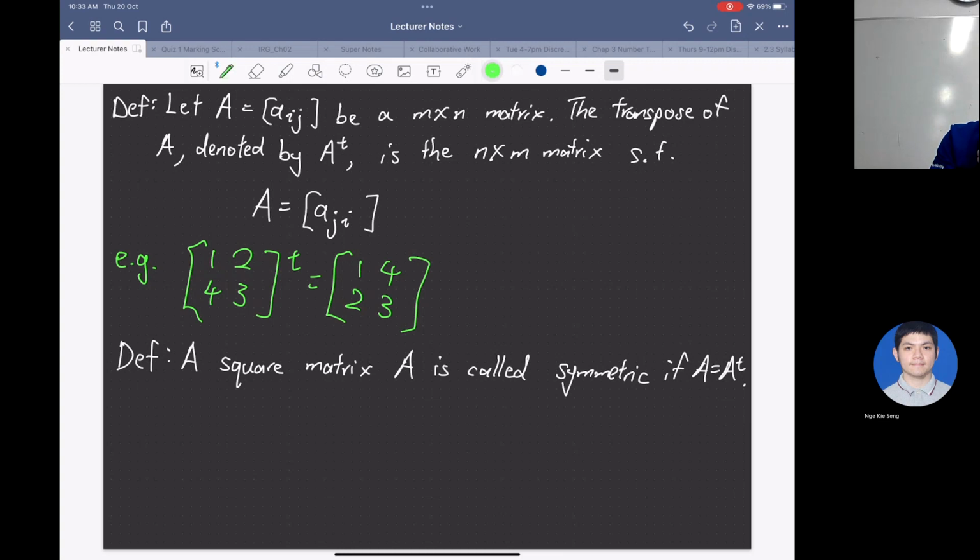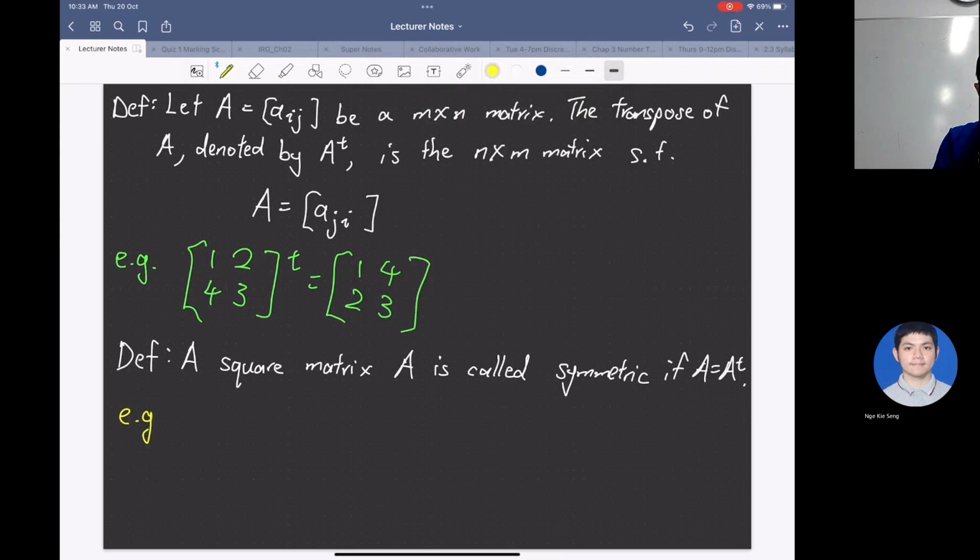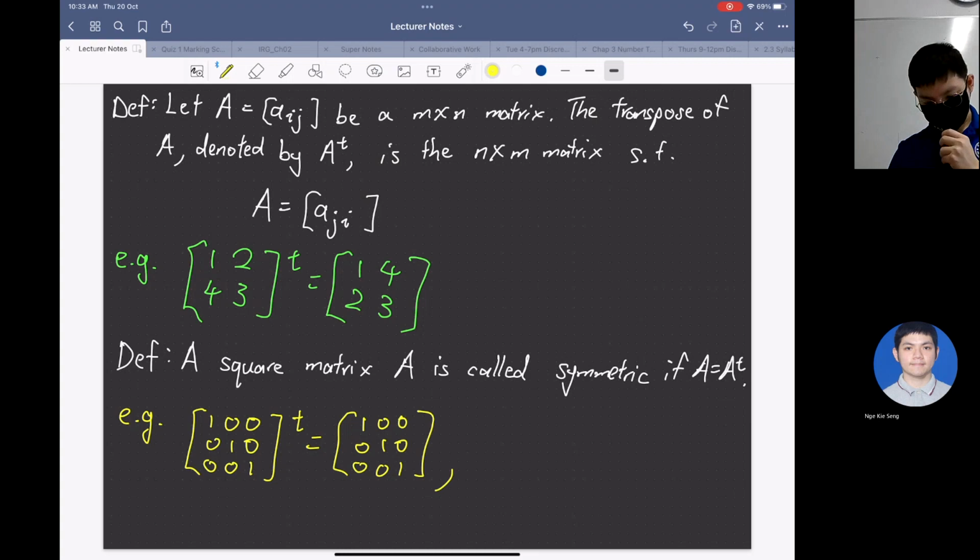For example, the identity matrix is symmetric, because if you do the transpose, you get back yourself. Okay. And you can also write out other examples of symmetric and non-symmetric matrices. For example, this one here is symmetric.